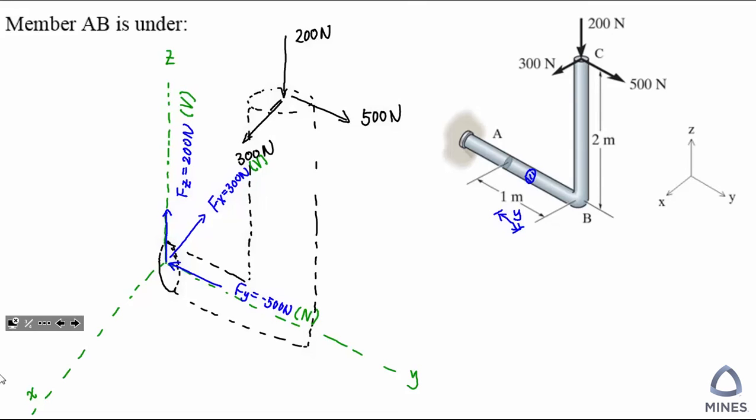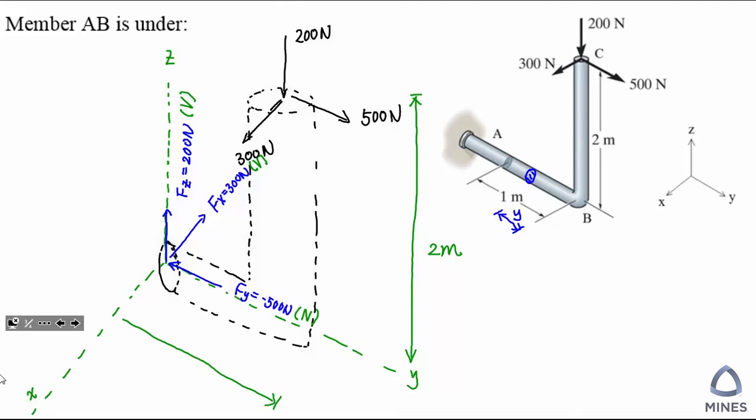So which means every time we have a different cut, you have to redraw your cut and your FBD to identify whether this force is going to be the normal force, shear force, and so on. Okay, so now we are done with all the calculation for the force. So which means we will be able to move to the moment calculation.